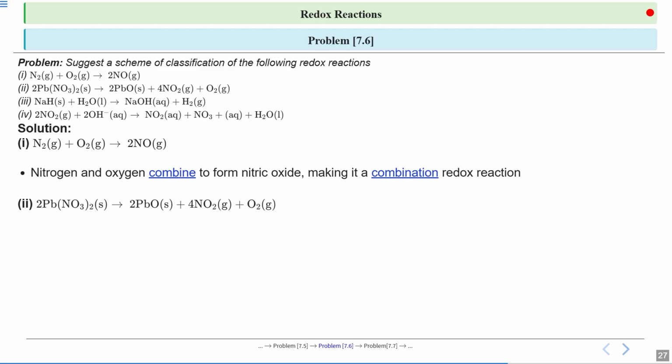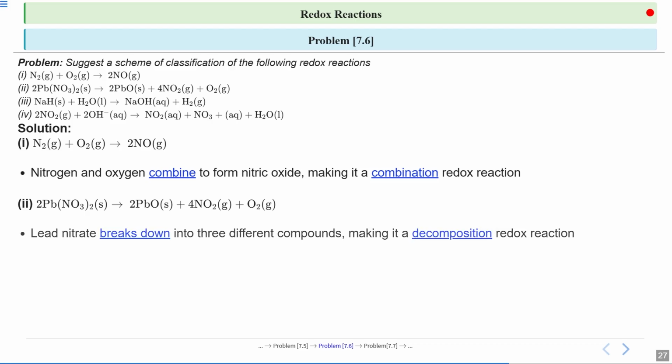Since lead nitrate breaks down into three different compounds, it would be considered a decomposition redox reaction. Therefore, the first one is the combination reaction while the second one is the decomposition reaction. Now, moving on to the third reaction.